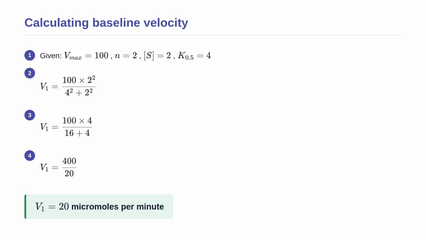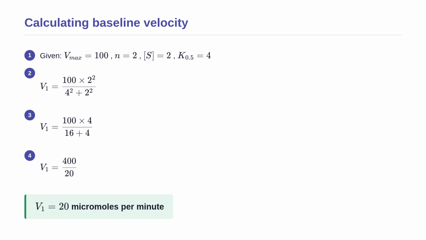Before we move on, let us see this with a concrete example. We have an allosteric enzyme with a maximum velocity of 100, a Hill coefficient of 2, and a substrate concentration of 2. In its normal state, the K0.5 is 4. We want to find the baseline initial velocity.